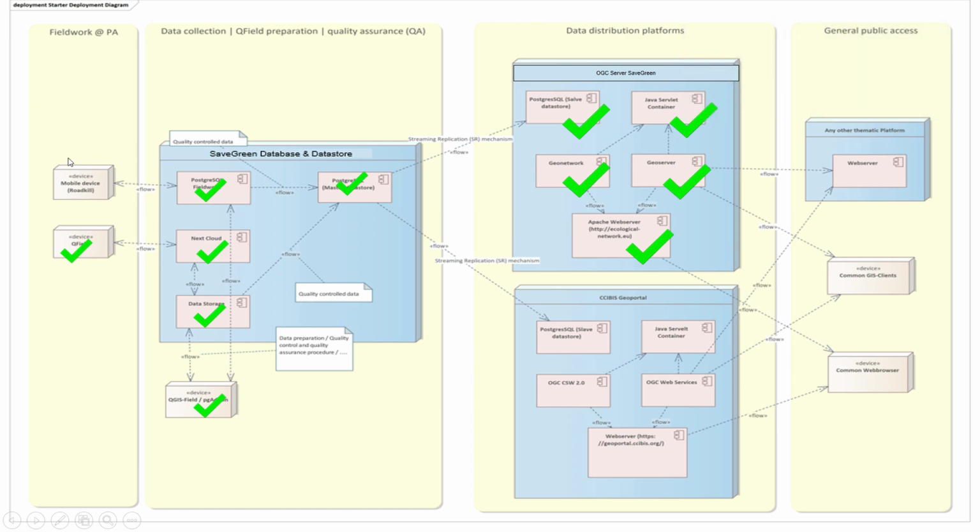You map with these applications, you do your field work with these applications, then they are transferred to the SaveGREEN data store. We did the database integration, then it's stored in the central data store, and then we published it using these OGC web service technologies. And there's also the GeoNetwork, which is the data catalog.